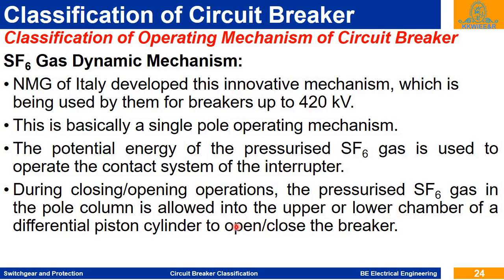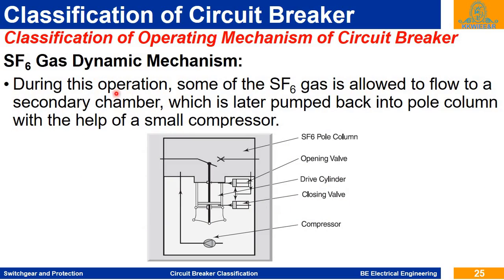The piston in this SF6 cylinder is moved with this pressurized SF6. During this operation, some SF6 gas is allowed to flow to the secondary chamber, and is later pumped back into the pole column with the help of a small compressor.